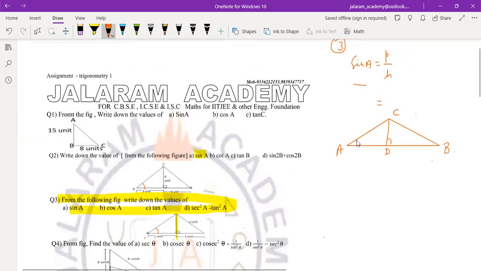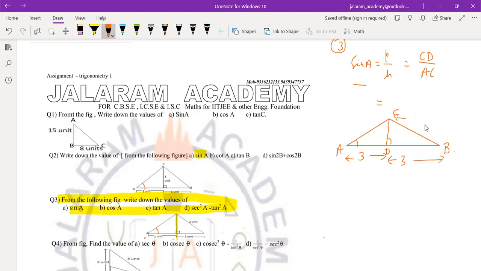Now if you find sine A, sine A is the ratio of perpendicular to hypotenuse. In this case, perpendicular is CD and hypotenuse is AC. Now the length of CD is not given in the question. Length of AD is given as 1 unit. Length of DB is given as 1 unit.